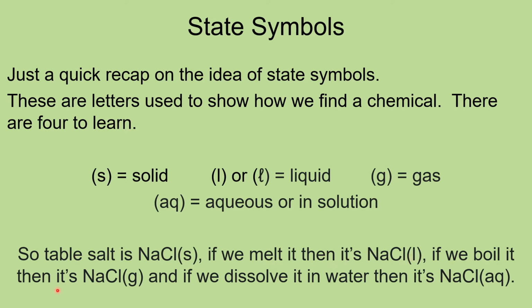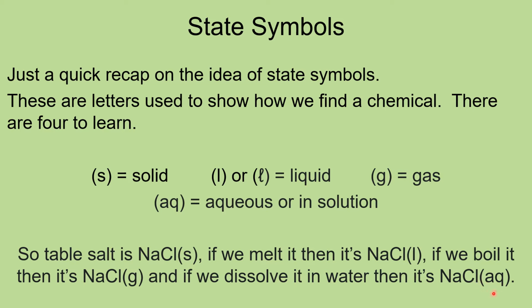If we boil it, so if we were able to get it hot enough to actually break all of the ionic bonds in that lattice structure and separate out all the ions, we would get NaCl(g), the G for gas. And more likely, if we were to dissolve it in water, so salt water, if you were adding salt to your water for making pasta or boiling potatoes, then what you've got is NaCl(aq), this AQ in brackets.